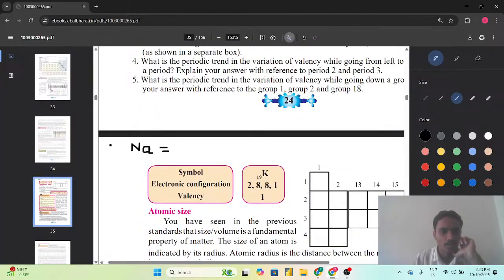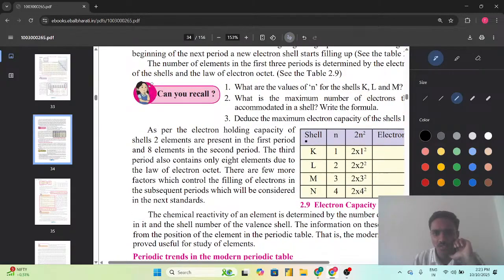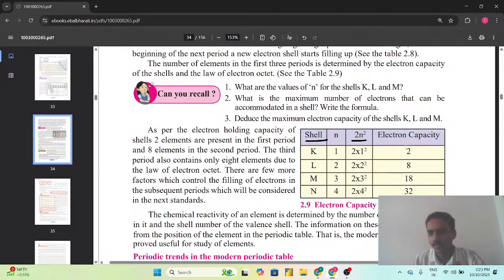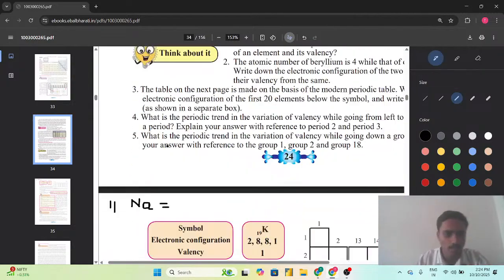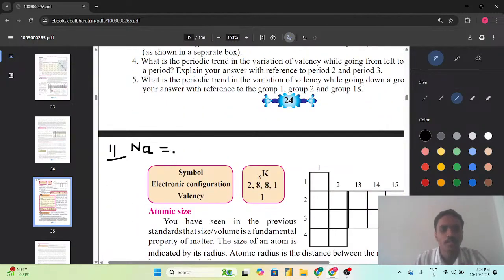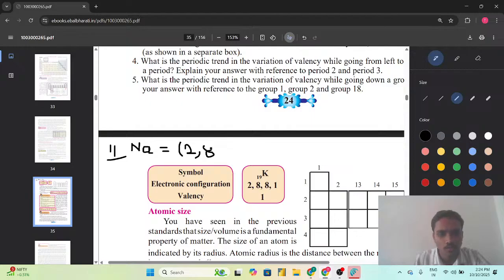As I know the atomic number of sodium is 11, and as we have seen, the electron capacity is 2 in the K shell, 8 in the L shell, and 18 in the M shell. So the electronic configuration for sodium, with atomic number 11, will be 2 electrons in the first shell, that is K, then 8 electrons in the next shell, that is 8 plus 2, 10.